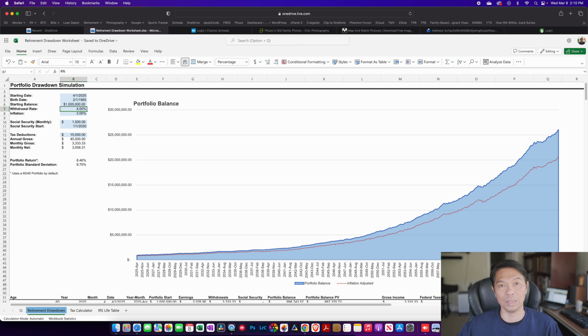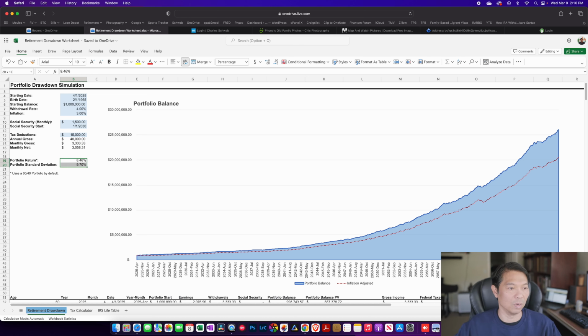So I'm just using the standard 4% rule of thumb, but you can adjust that. Inflation's in here, your Social Security on a monthly basis, and when Social Security would start. Tax deductions, because this also calculates the taxes due and then gives you a net income. And then the rest of it is what it is.